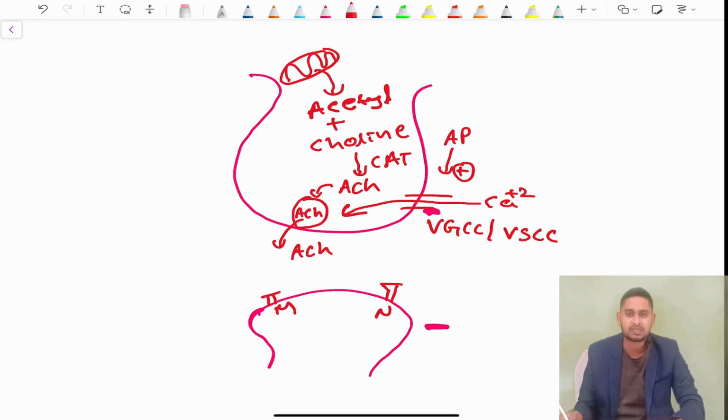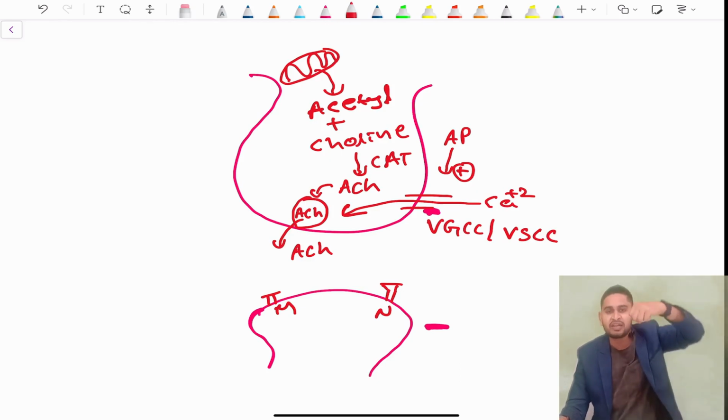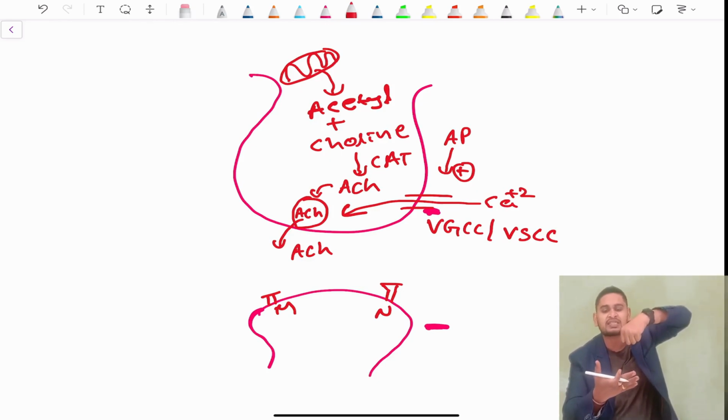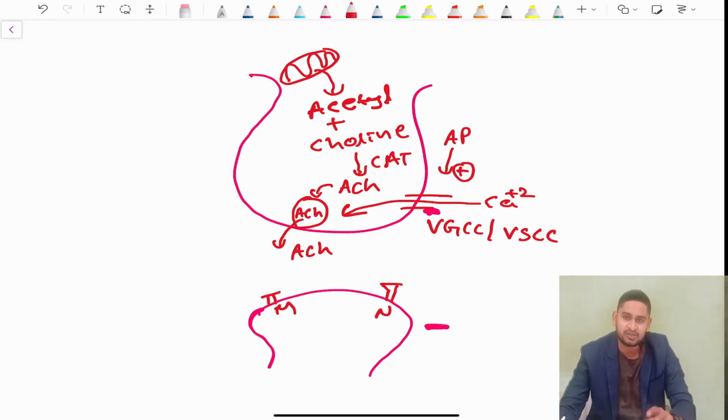and nicotinic receptors. The nicotinic receptor is of two types: the nicotinic neuronal subtype, which is present in all ganglions, and the nicotinic muscular receptors, which are present at the neuromuscular junction, where the nerve fibers end attached to the muscles for contraction.